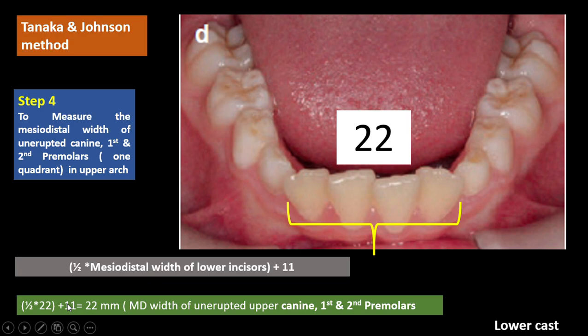Remember, in the lower arch it was 10.5. In the upper arch we will add 11. So we will end up having 22 millimeter. This 22 millimeter represents the mesiodistal width of the unerupted upper canine, first and second premolar.